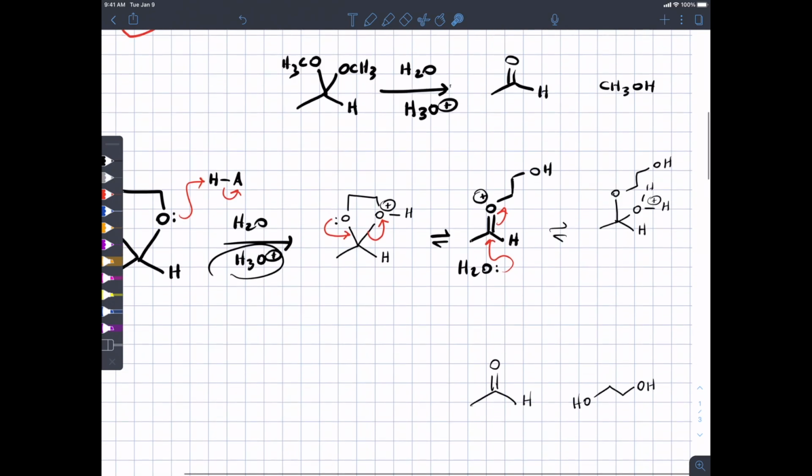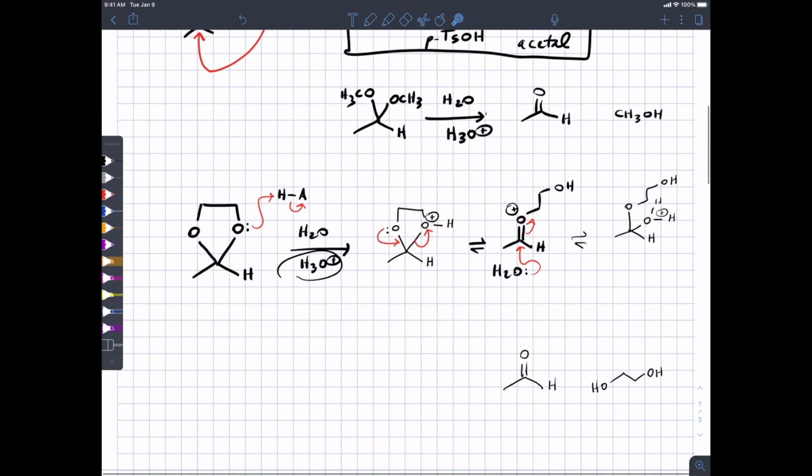So we can continue the mechanism from here, and we'll do this just briefly as a review. Notice that what I want to do as the reaction progresses is ultimately liberate the alcohol and get back to this aldehyde starting material.